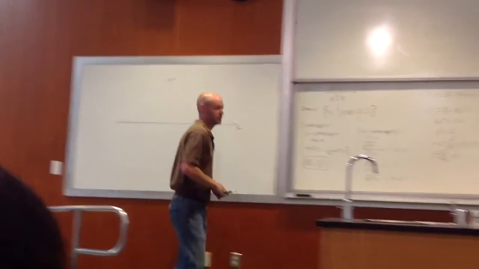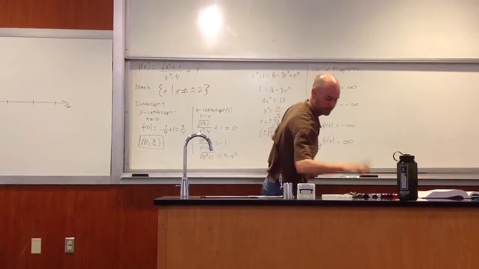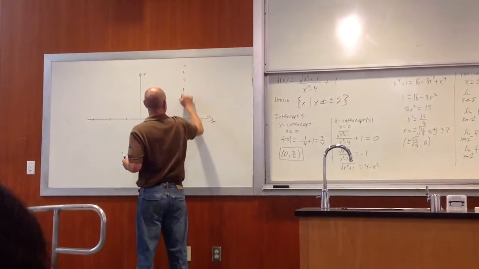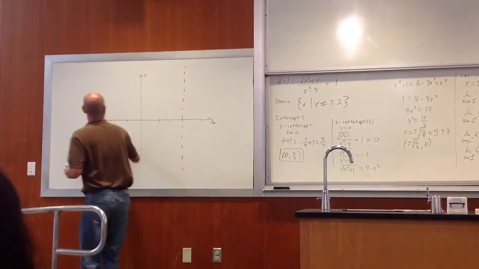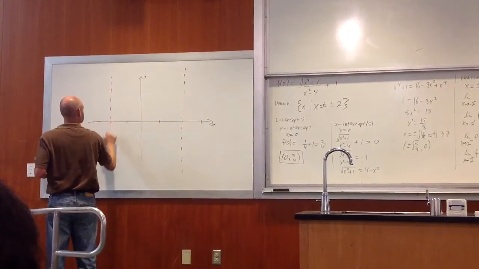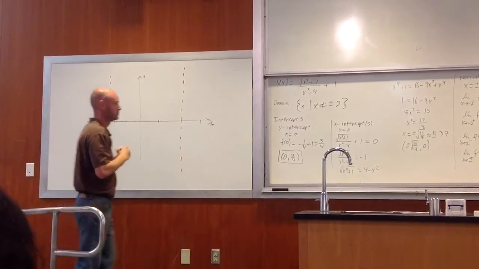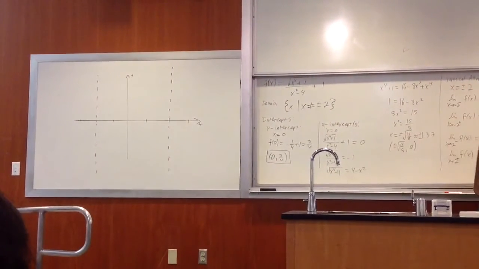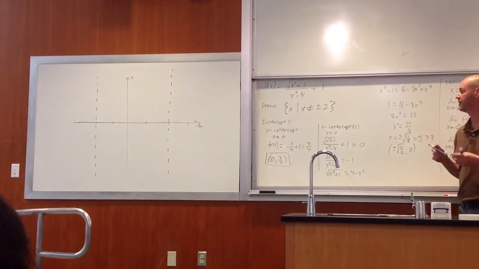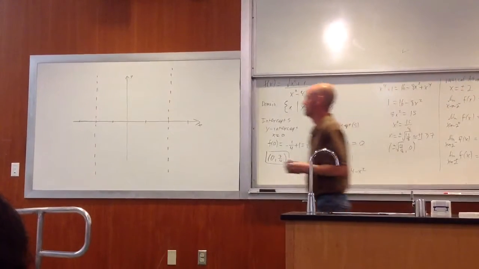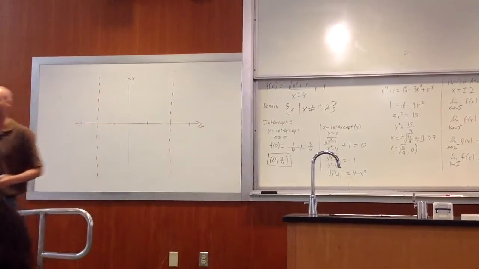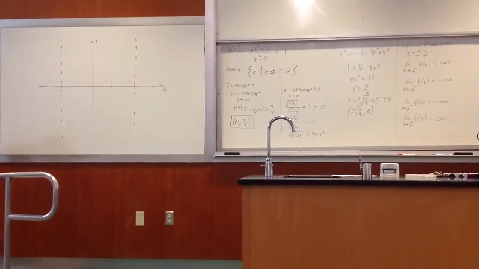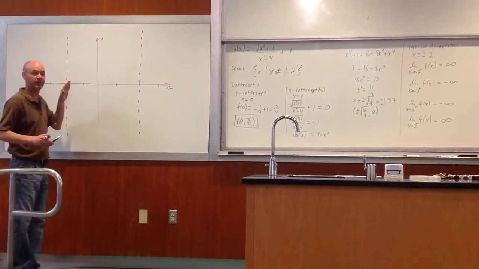We know that we have asymptotes at plus minus 2, right? So let's go to our limits and see how they're going to help us. As I approach negative 2 from this side, what's happening to the limit?